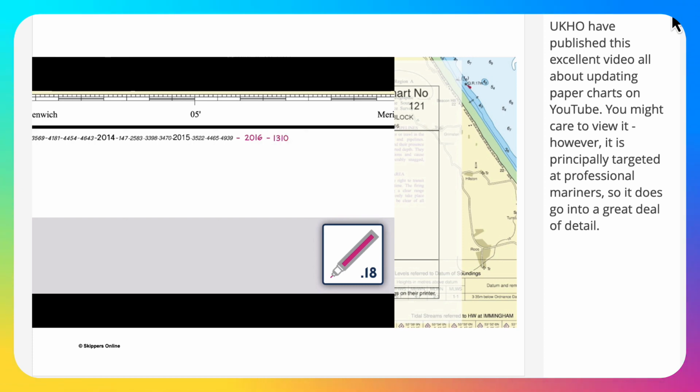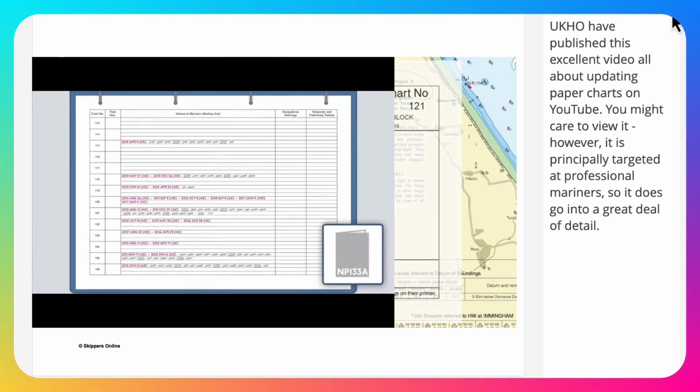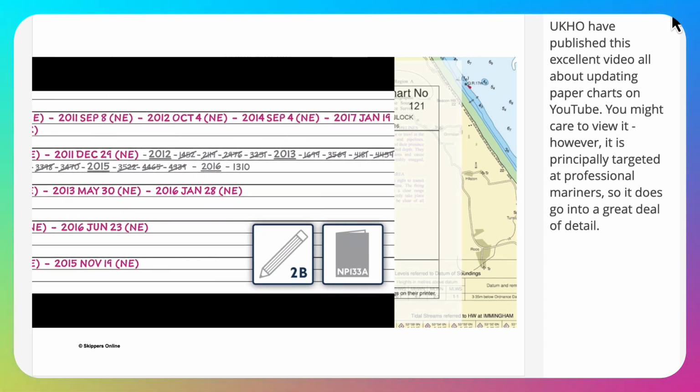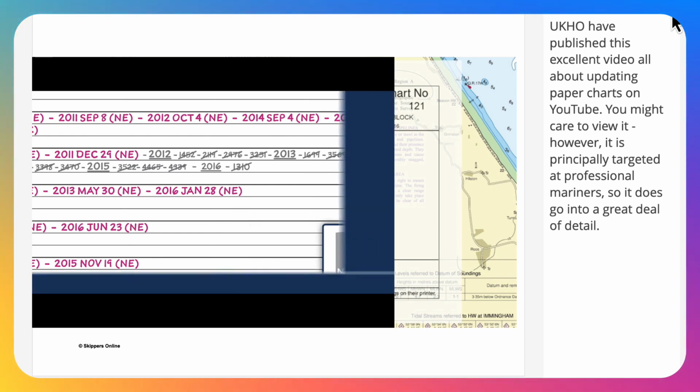If applying a year date, underline it so that it won't be confused with an NM number. Finally, using a 2B pencil, cross through the appropriate NM number in NP133A to show the update has been applied.